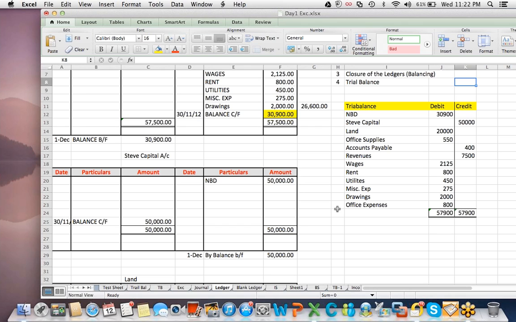This is about trial balance, Anish. Do you have any doubts? You only need to be strong about the debit part and credit part so you can balance the ledgers.